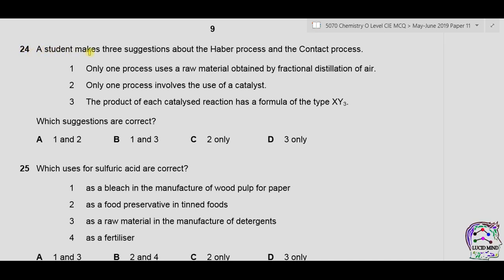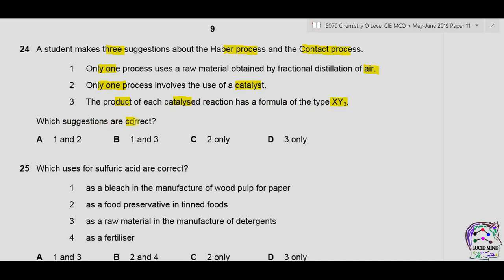Question 24. A student makes 3 suggestions about the Haber process and the contact process. Number 1. Only one process uses a raw material obtained by fractional distillation of air. Number 2. Only one process involves the use of a catalyst. Number 3. The product of each catalyzed reaction has a formula of the type XY3.